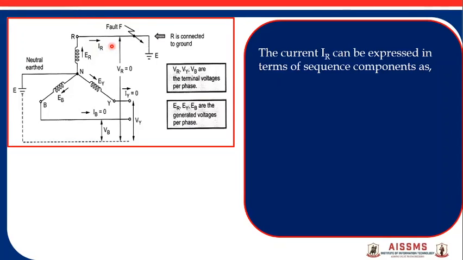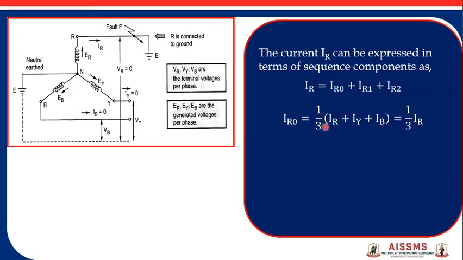So the analysis will be difficult, so we have to convert these fault currents into phase sequence components which have the same magnitude and same phase difference. So here the current IR can be expressed in terms of sequence components as IR = IR0 + IR1 + IR2. So we have found out the equation.